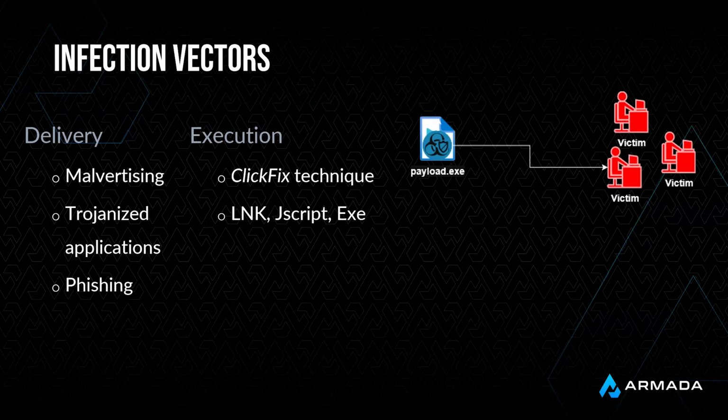And then the actual execution. The most popular we've seen in the past 3 or 4 years is this ClickFix technique, which I have a couple images for. And then your classic file-based execution. So anything that's double clickable: LNK files, JScript, exe, CPL, all those things have been used for the delivery.